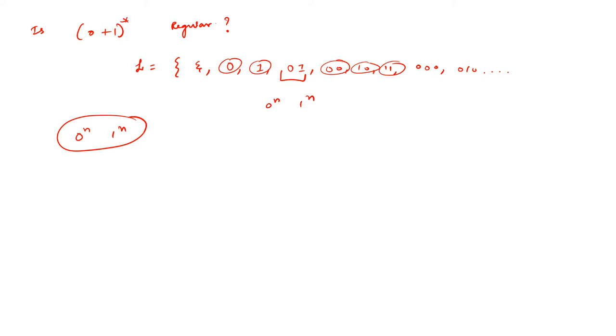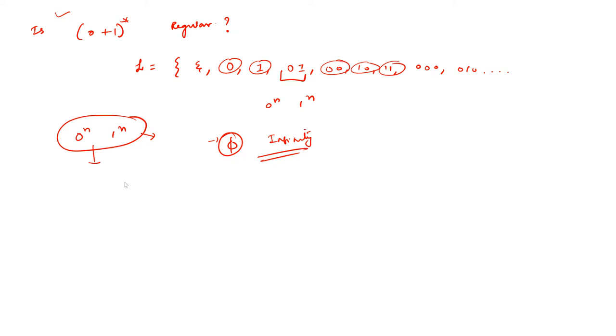In some sense, constructing the dead state, do you remember that we had a dead state? If you want to construct a DFA for the language 0 power n, 1 power n, the number of states will go to infinity, which can't be handled by a regular language. Correct, because a regular language by definition should have finite states in the DFA. Do you at least intuitively understand why this language is not regular but this language is regular?